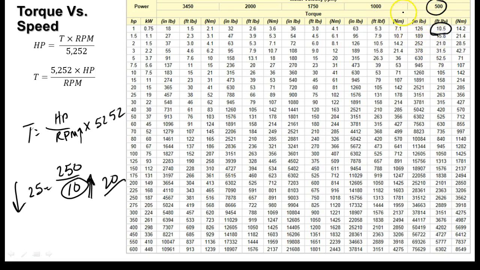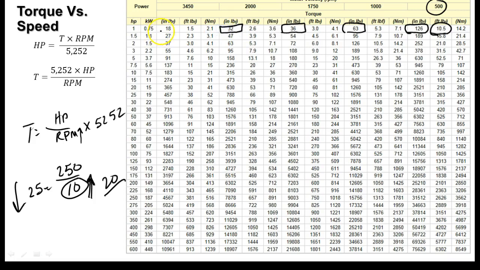And as speed goes up for the same horsepower, so inch-pounds, I need to use the same unit. I'll fix that. So as speed goes down, torque goes up. As speed goes up, torque does what?